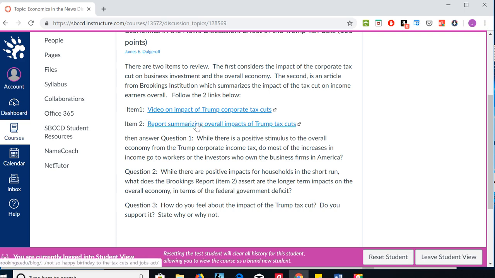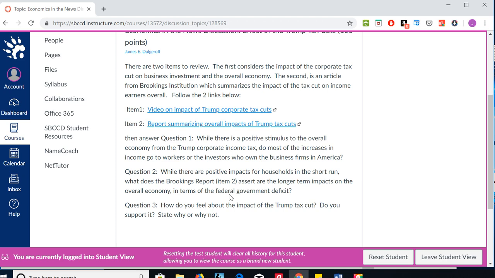Again, convince me with information that you've gleaned either from these two articles, or maybe just generally, you could Google this, right, and see what you can find as well, and include that if you want to in this statement for question 3. This is more, having looked over all this stuff, how do you feel about this tax cut? Obviously, there's been some positive stimulus in the short run, but going forward, the Brookings report is looking at the impact overall in terms of, has it given us a big bump in growth?